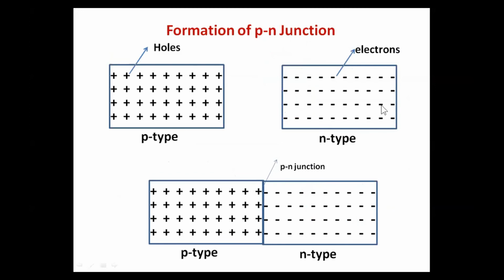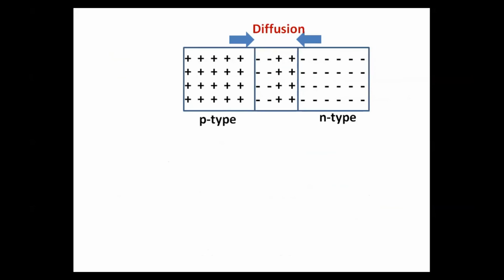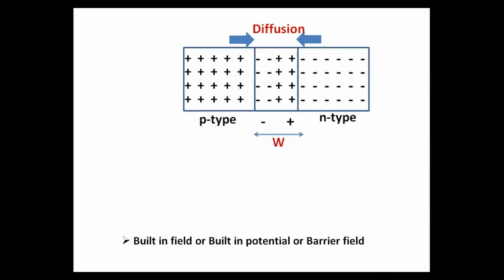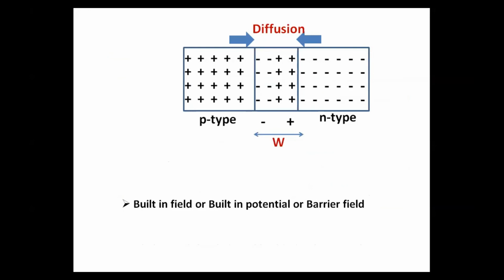After forming the concentration gradient, a process called diffusion of electrons takes place from the n region to the p region, which results in the formation of an electric field, known as built-in field or built-in potential or barrier field. And within this p-n junction region, there is no net charge, so we call this region the depletion region. This is how the p-n junction is formed.